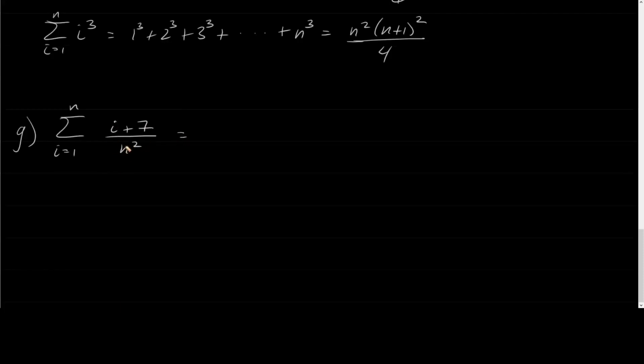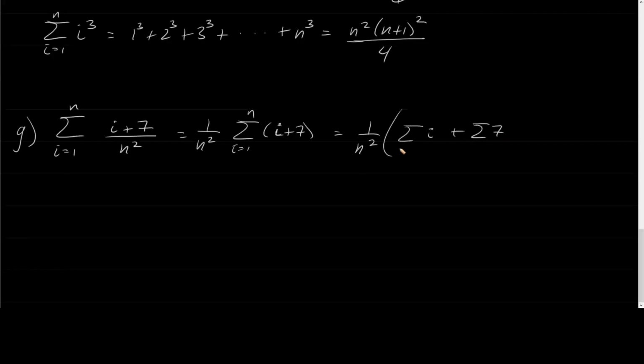This n squared is not being at all affected by the index, and we can pull it out. It's really 1 over n squared. So I can pull out a 1 over n squared, and we have the summation from i equals 1 to n of i plus 7. But we know that this sigma can actually be distributed over addition, so this becomes 1 over n squared times the summation of i plus the summation of 7.